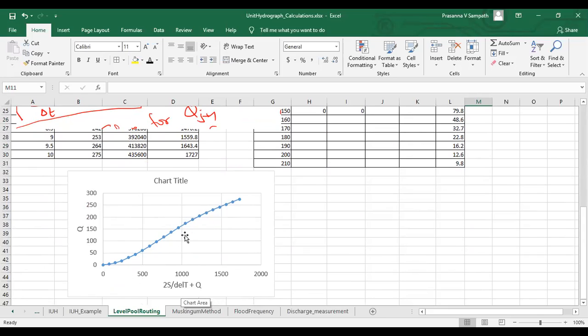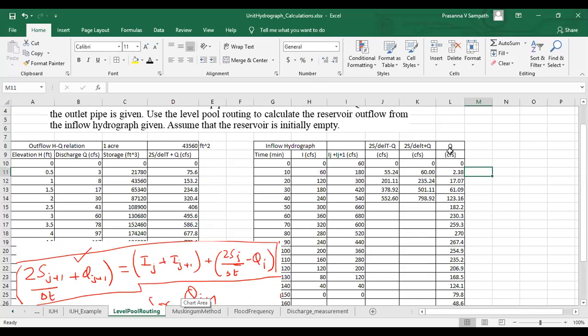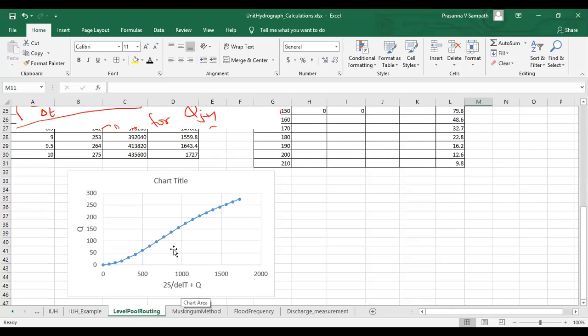We didn't actually use this plot, but if you're doing it graphically, you could always interpolate between these 2 points when you compute this q value over here. But we've done it numerically, so therefore we don't need the plot. But imagine you have a plot like this available. You could always go in and graphically interpolate linearly to find out what the value of q would be. So that is this chart.